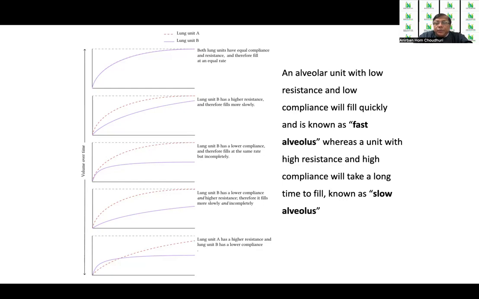Normally, we know that one time constant in a healthy lung is the duration during which around 63% of the lung alveoli are completely filled or completely exhaled. And we also know that a total of 5 time constants are required for complete filling or complete exhalation of the alveoli. Now, this is all in relation to a normal healthy lung.